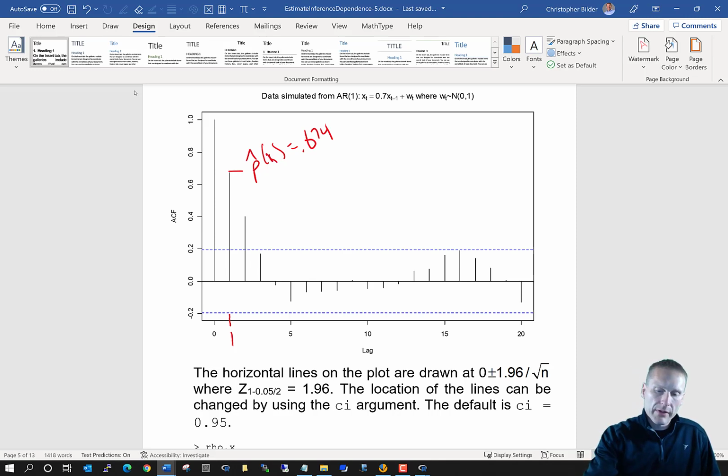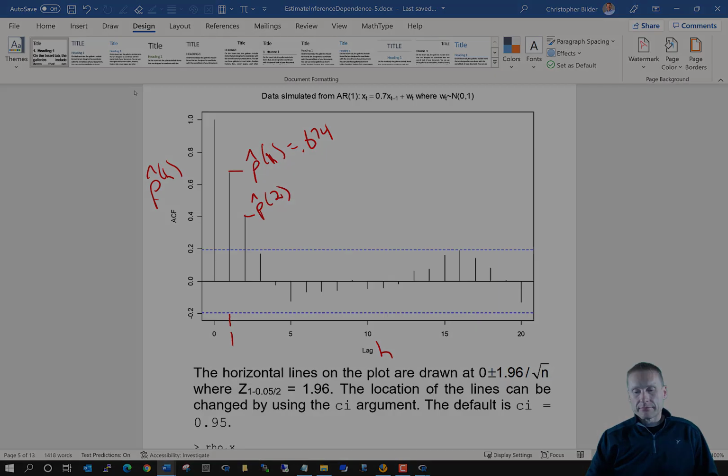So that should be a 1 there. Relative to the y-axis here, the y-axis gives us rho hat of h, sorry, should have started with that, and the x-axis is the lag or h. So here is then rho hat of 2, and so on.